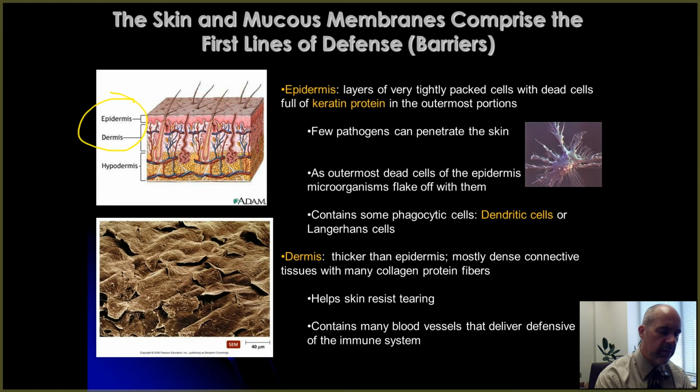So you have this upper layer right here called the epidermis and this thicker layer beneath it called the dermis. And all along the surface of the epidermis you have lots and lots of microbes, and most of those microbes are supposed to be there. They're protecting you from nasty ones that could start growing there and causing an infection.